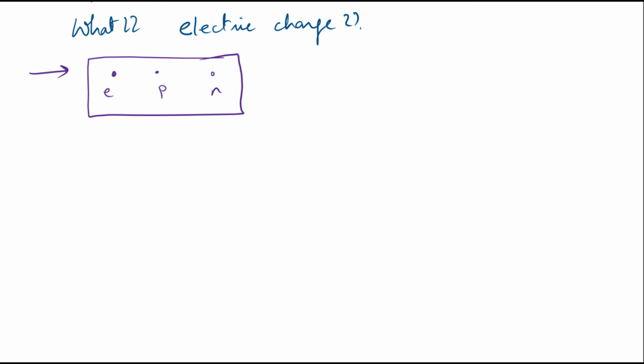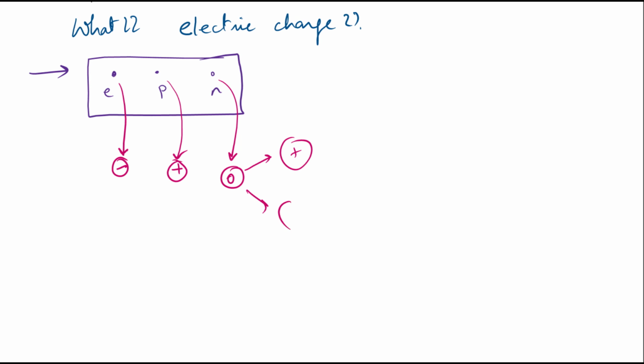We know that electron is negatively charged, proton is positively charged and neutron is neutral, but it is basically a combination of positive and negative charge, which we study in higher classes in physics.